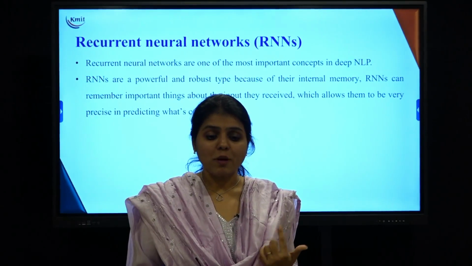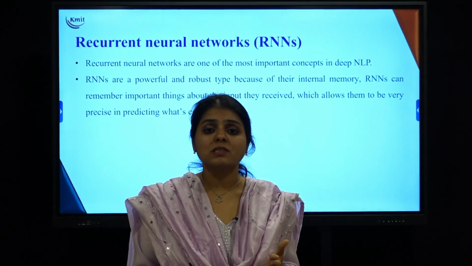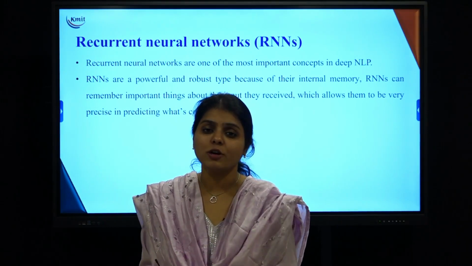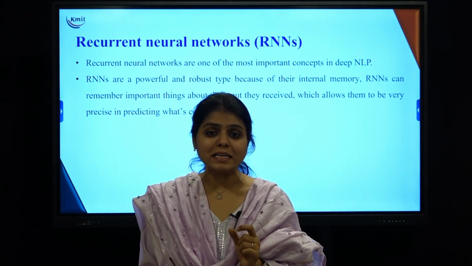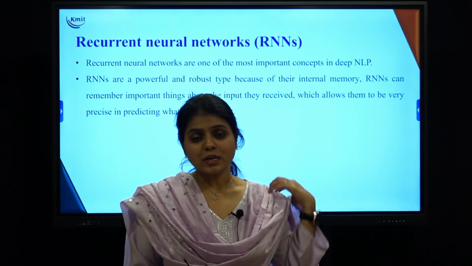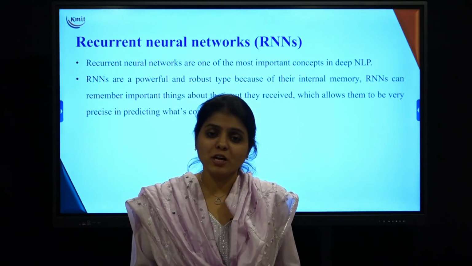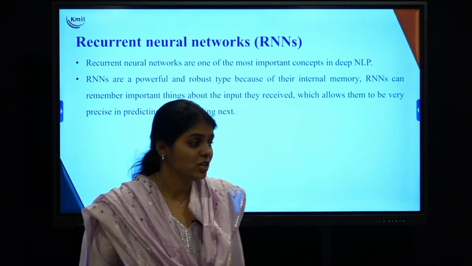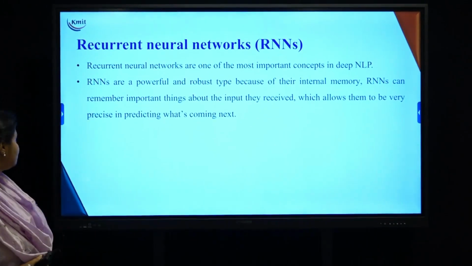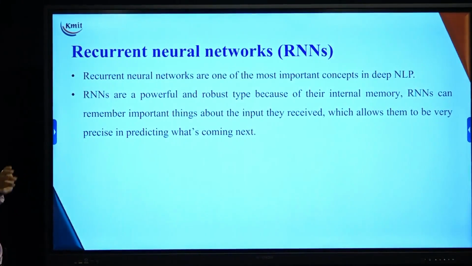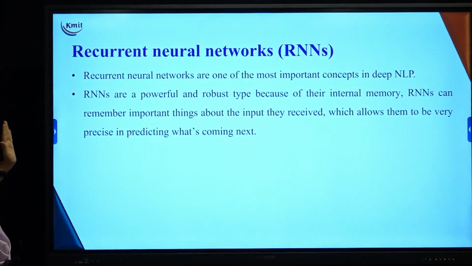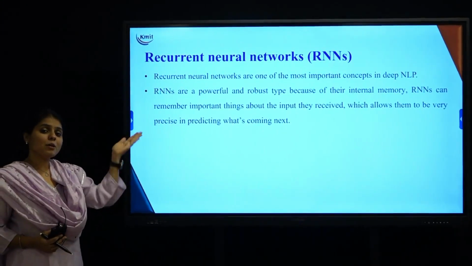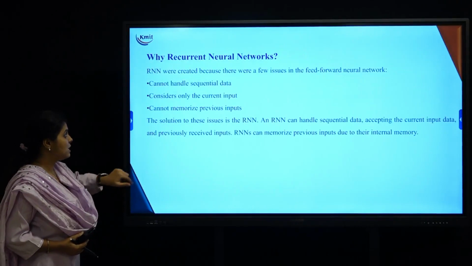They process the language data or text data in sequential order. So recurrent neural networks have internal memory and process textual data in sequential order. Processing the data sequentially allows them to be very precise in predicting what's coming next depending upon the previous words in the given sentence.